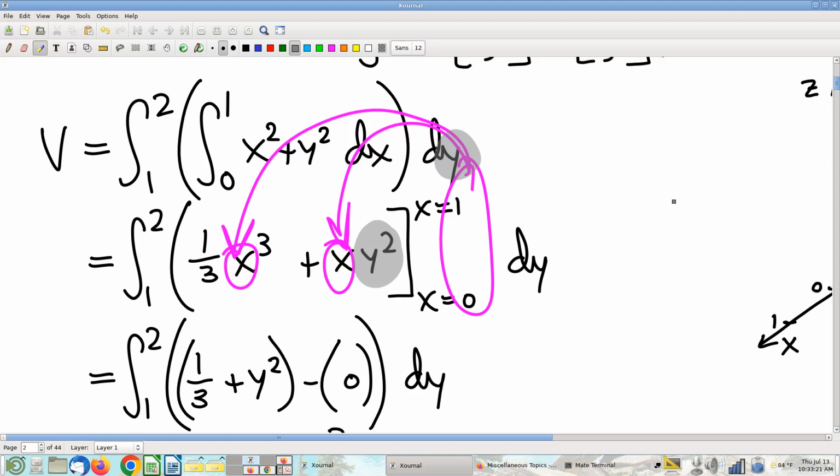Now, I personally have a scatterbrain aspect to the way my head works, and I don't trust myself to remember to do this correctly. So I like to remind myself. I find it very helpful. My little reminder is to actually write, instead of just copying the numbers 0 and 1, I like to explicitly denote x is 0 and x is 1.